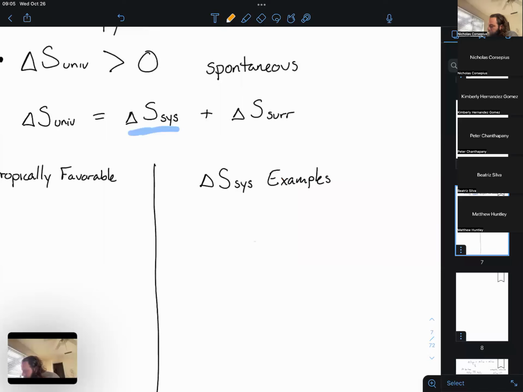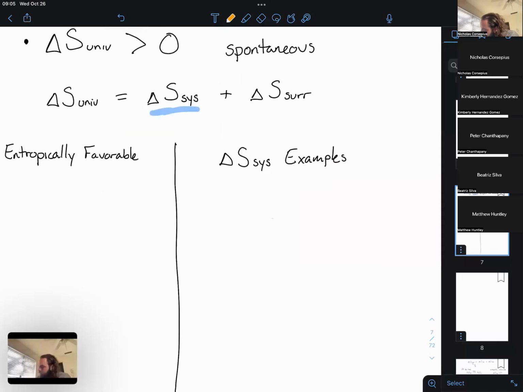Okay, so let's say we took H2O liquid, converting it to a gas.